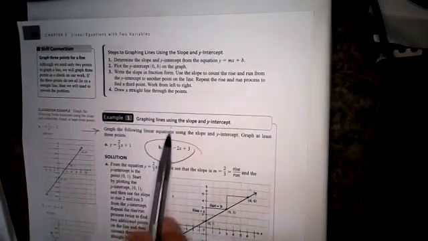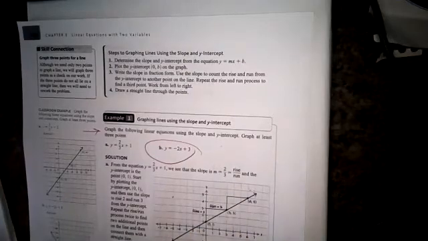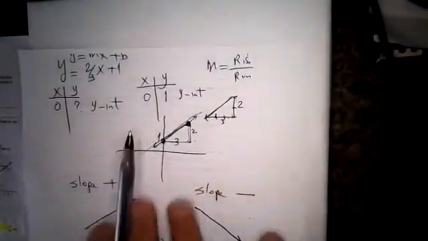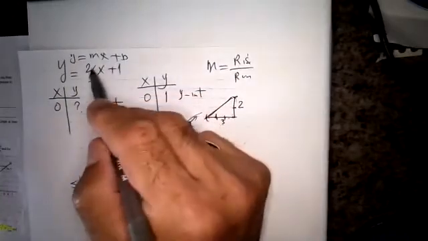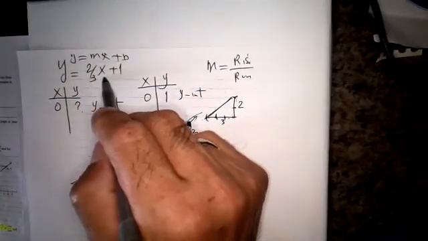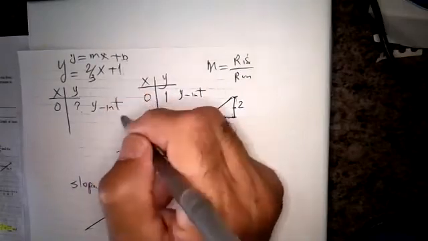Now we have this kind of problems where they're telling you, okay, graph linear equations using a slope and y-intercept. So you understand that when I have equations in the form of y = mx + b, the number sitting next to x is m, and this one is the y-intercept.